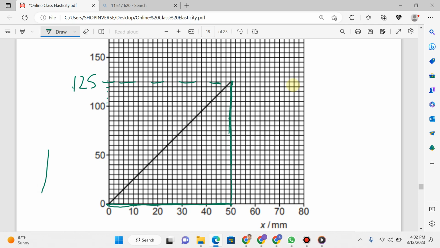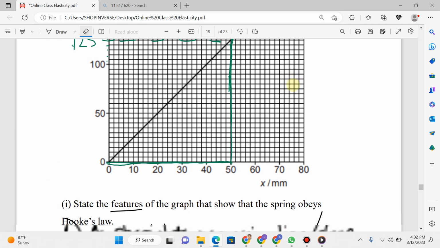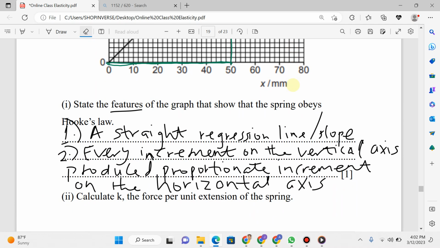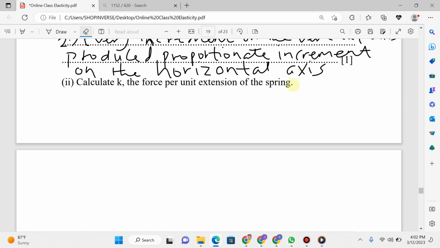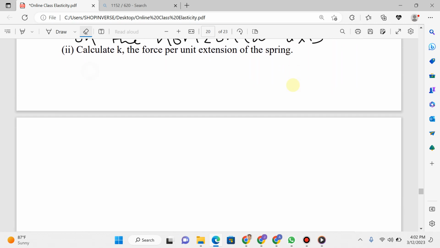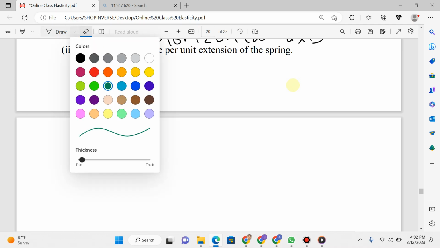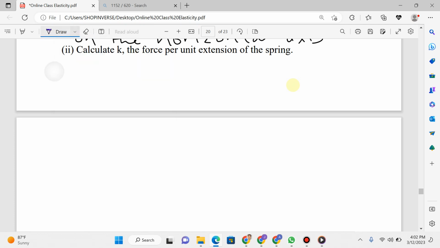So how do you calculate the spring constant K? K is the change in value of the y-axis divided by change in value of the x-axis. K equals to, I don't want to use color green. You either use blue or black ink for your exam. So our K is what?